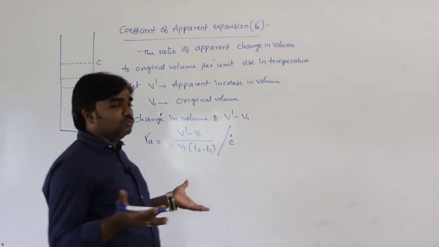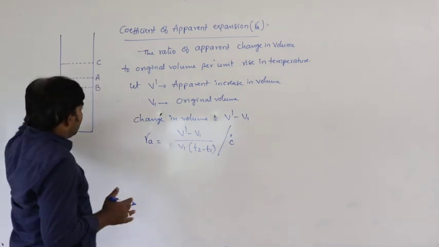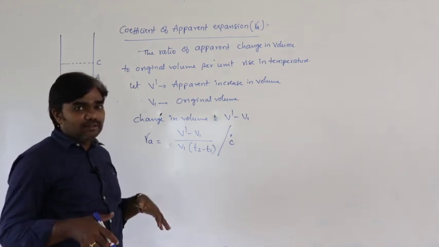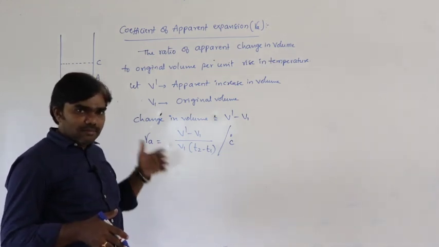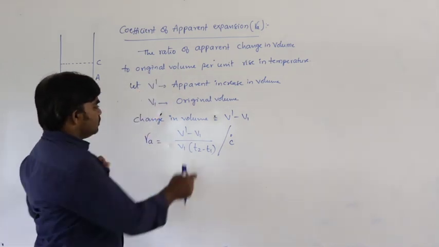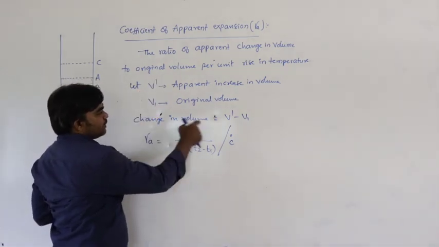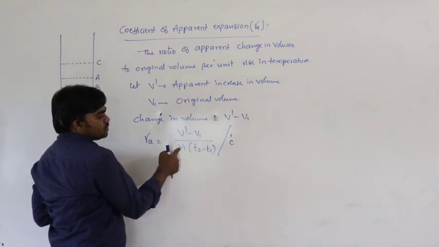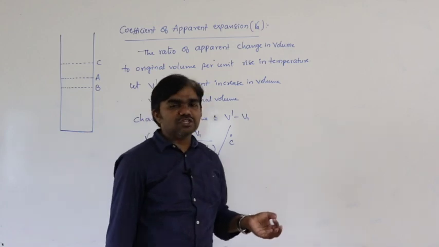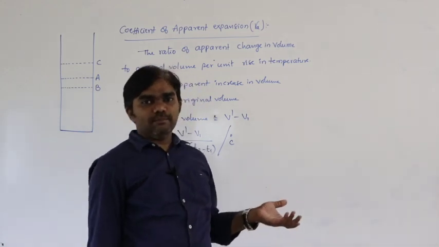Apparent increase in volume means what we observe. But what has actually happened, that is real. What we observe, that is apparent. So V dash minus V1 is the apparent change in volume, original volume is V1, and rise in temperature is T2 minus T1, where T1 is the initial temperature and T2 is the final temperature.